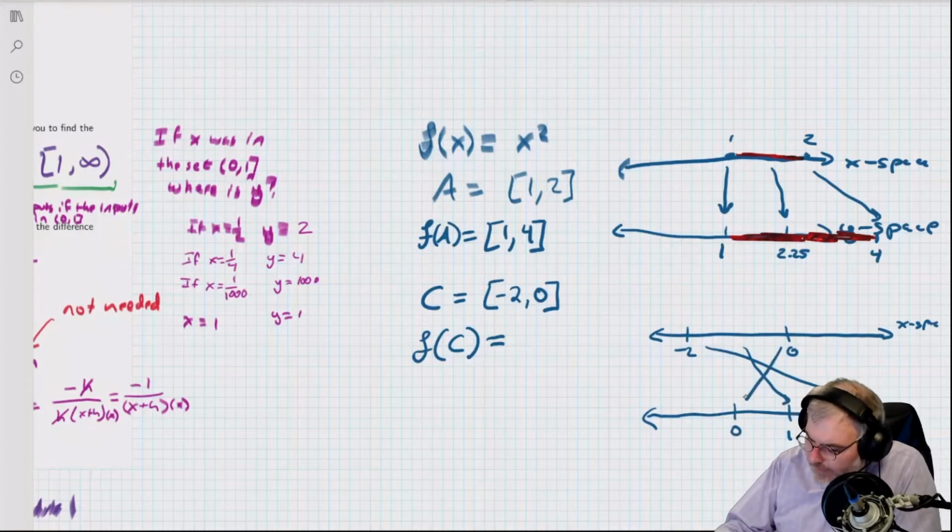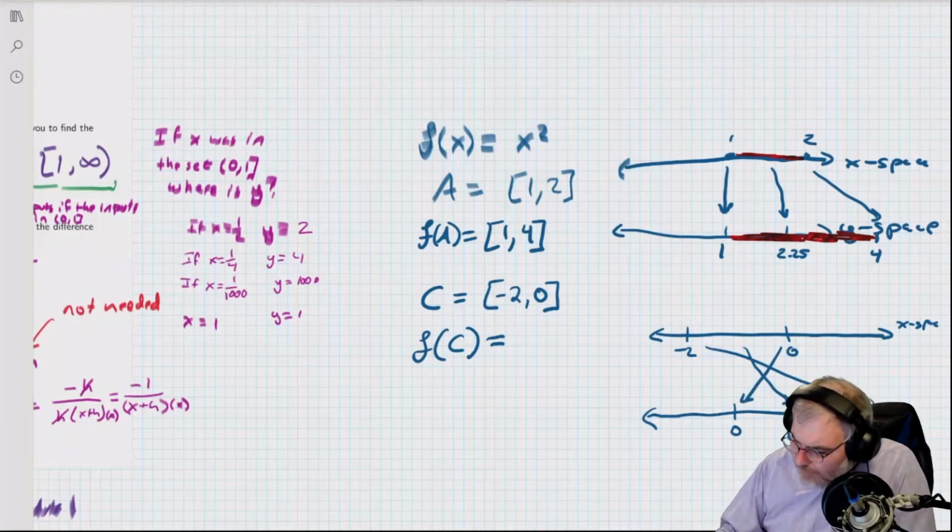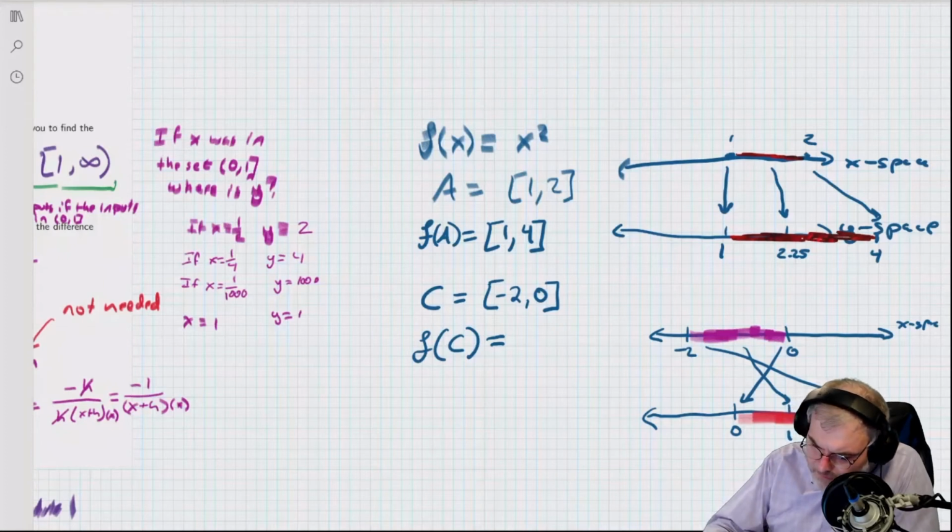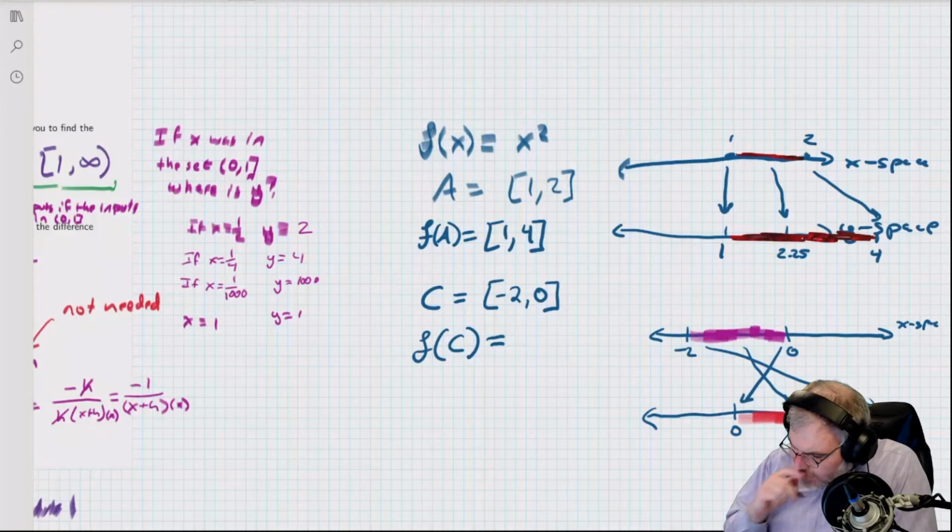Exactly. So here, all of the movement is flipped, but the numbers here map to the numbers here. Oops, that included more than just that. I didn't want to do that. There we go.